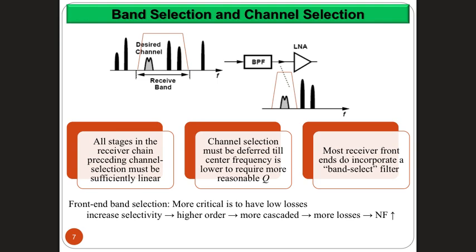Now, most of the receivers, they do have a band selection filter, and for that band selection filter, what's really important is not the selectivity, so we don't need to drop very quickly, we don't need to have a very high quality factor as we said, but what's more important for us is not to have losses in the band pass part, in the part where we are allowing the signal to go through.